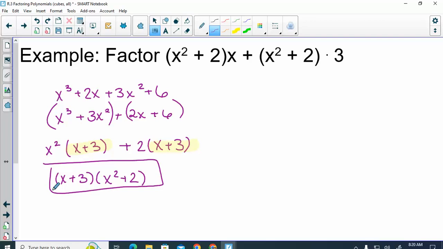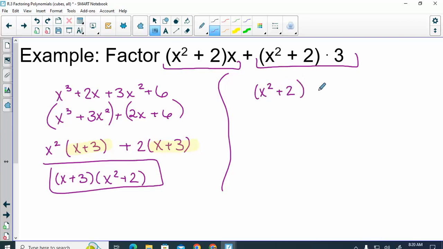Or you could do GCF from the very beginning. So really 3 options. If we look at that, there's only 2 terms to start with. What do both of those terms have? So if you take out the greatest common factor, take out the x squared plus 2, you're left with an x plus 3. So same thing we got, just faster.